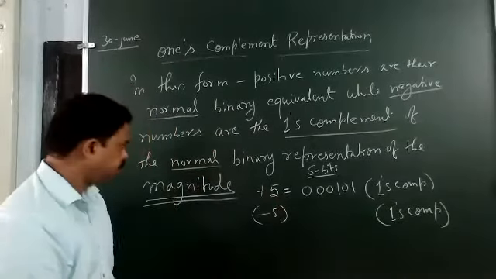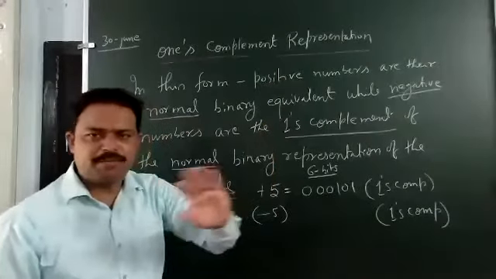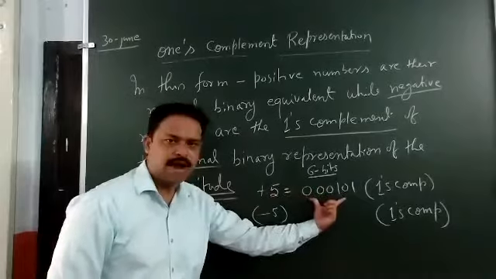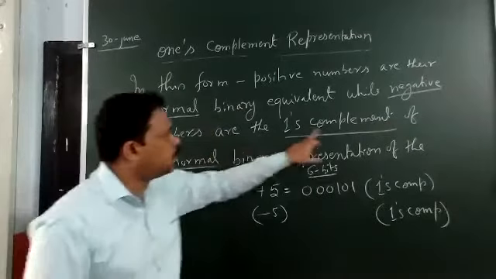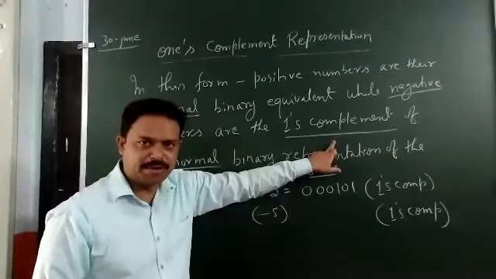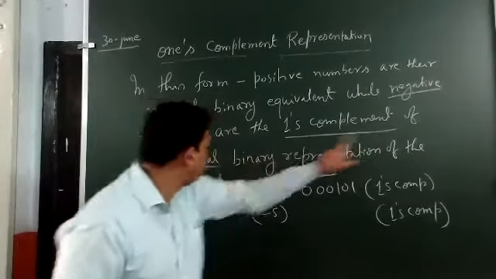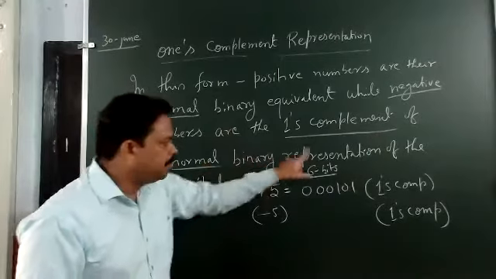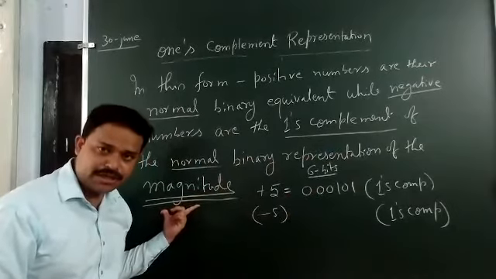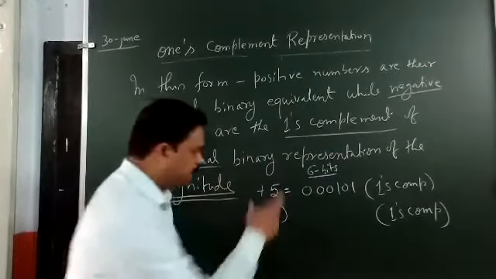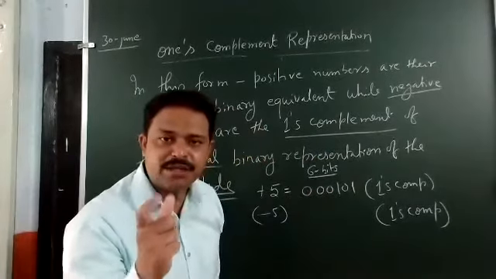Now read the definition. Positive numbers are their normal binary equivalent. Very important. While negative numbers are the one's complement of the normal binary representation of the magnitude. Can you tell me which part is the magnitude?